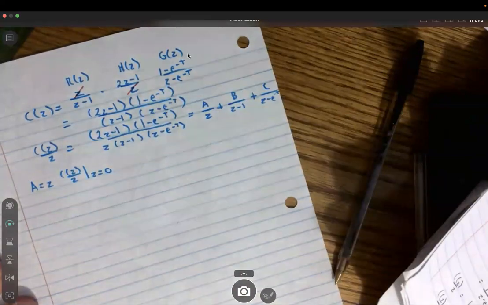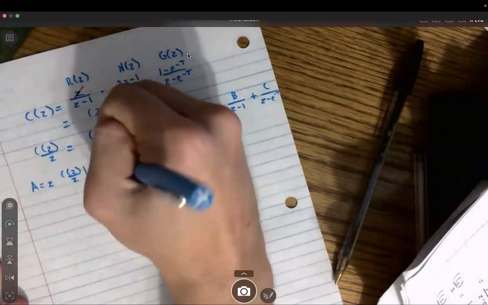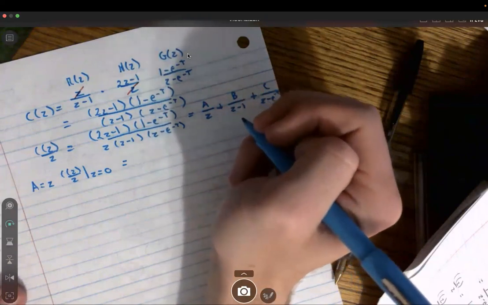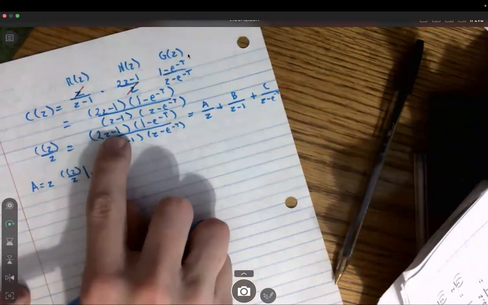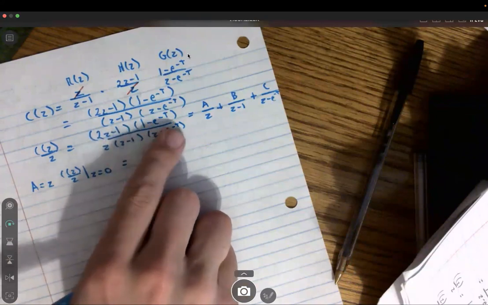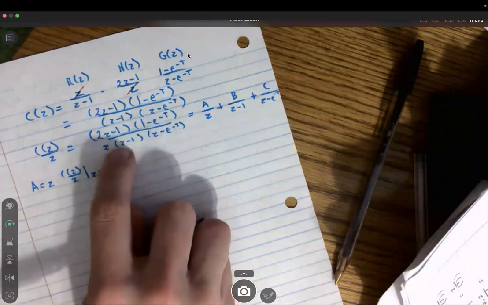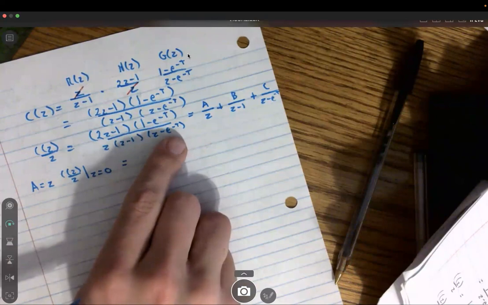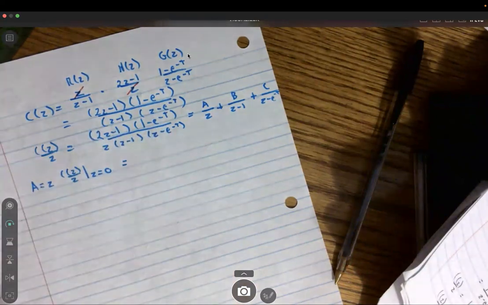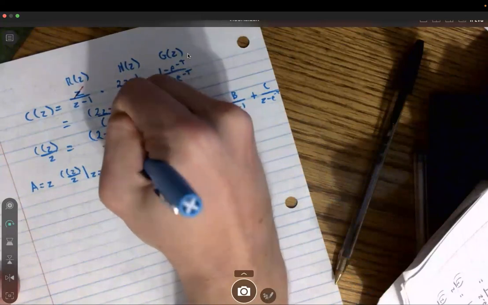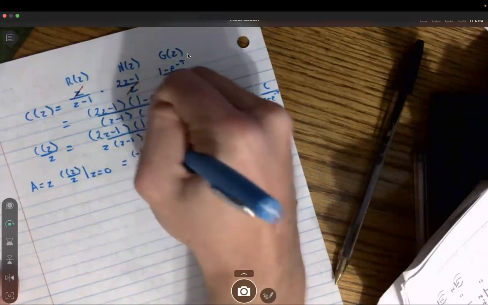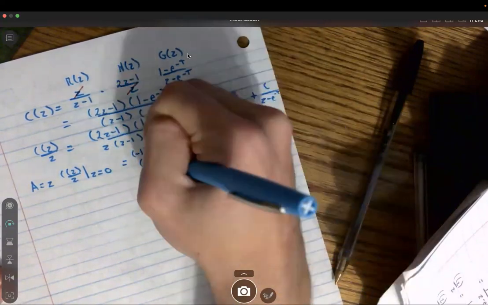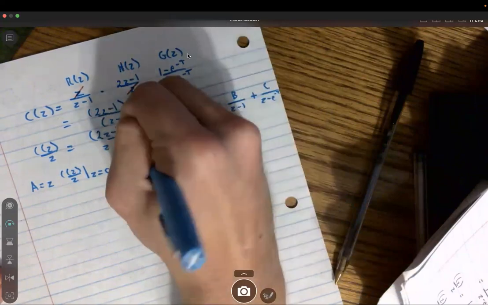Multiplying by z and plugging in 0, what we're going to find for A is that we get negative 1 times (1 minus e to the negative T), and then all over it's going to be negative 1 times negative e to the negative T. Let me just write that out.